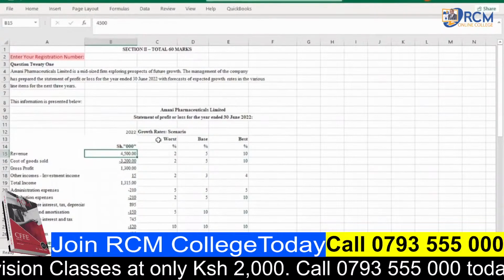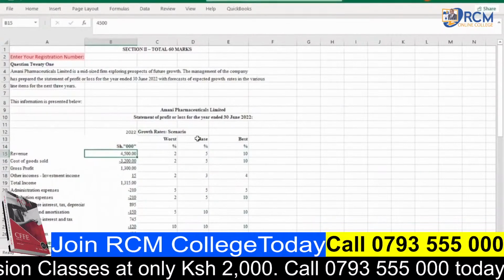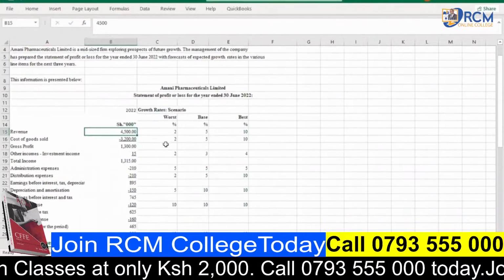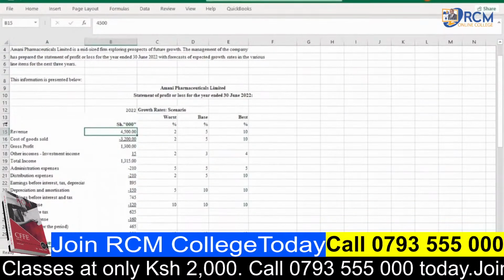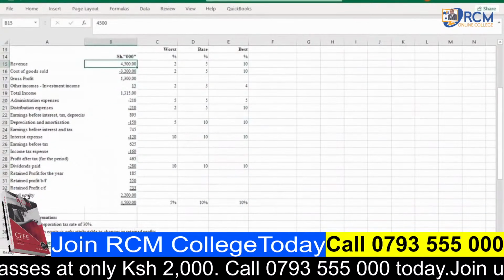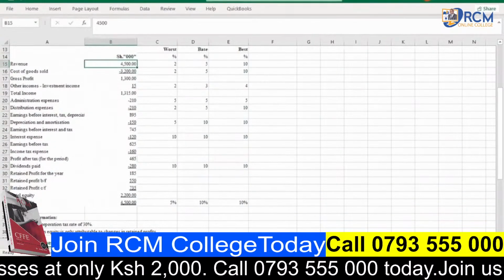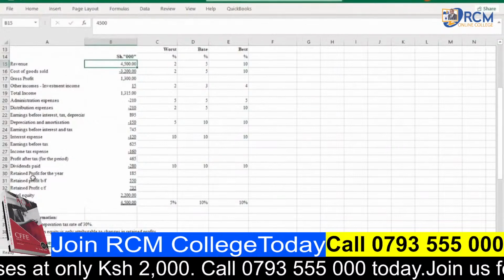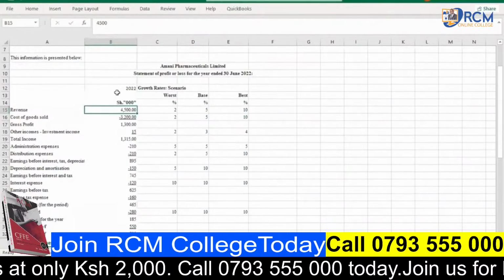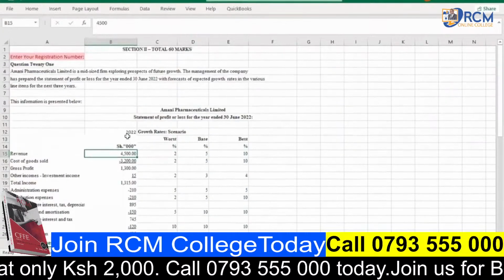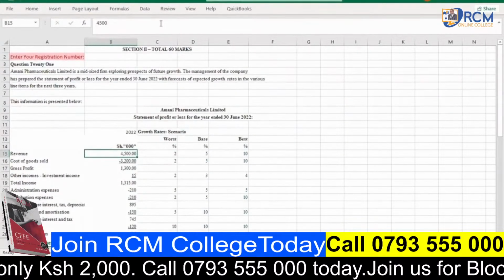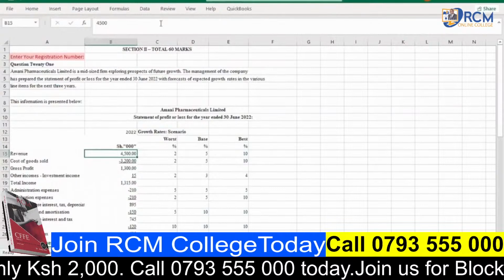We have the worst case, base case, and best case. So the percentage changes in these components of the income statement and also equity given to us here, some assets also given to us here have already been provided. So these values for 2022 are expected to change using 3 different scenarios.